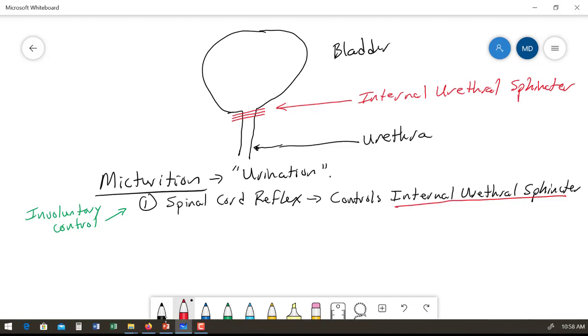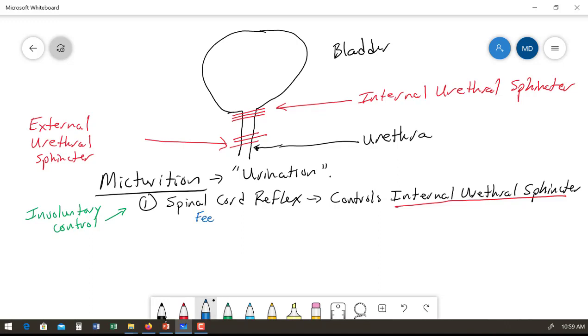And then there's actually a second muscle that is under voluntary control that's down here, and this is the external urethral sphincter. So here the spinal cord reflex controls the internal urethral sphincter, and it controls this through a feedback loop.